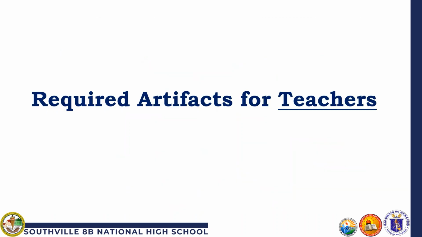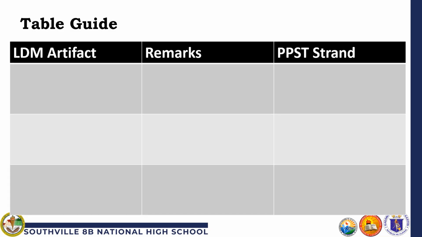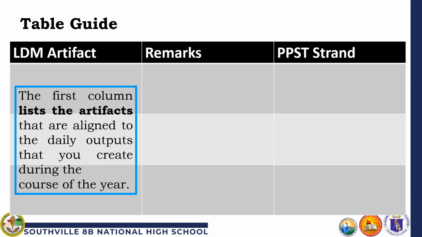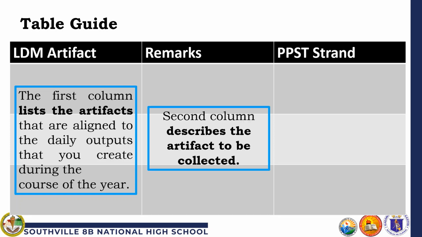Required artifacts for teachers. So, this is the table guide. As you can see, it is divided into 3: the LDM artifact, remarks, and PPST strand. The first column lists the artifacts that are aligned to the daily outputs that you create during the course of the year. The second column describes the artifact to be collected.